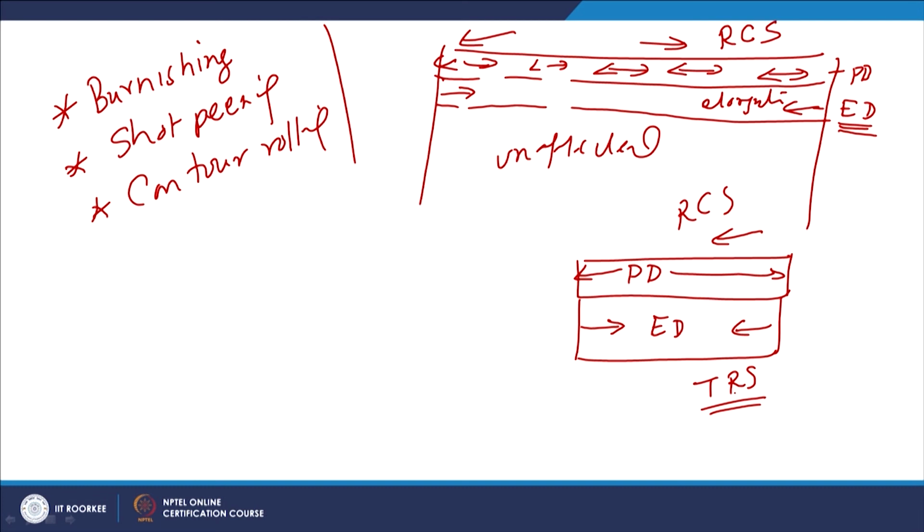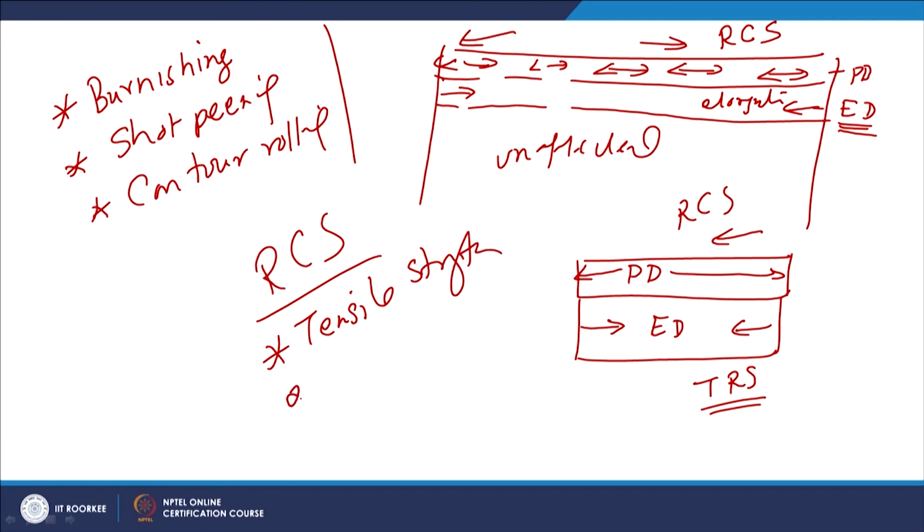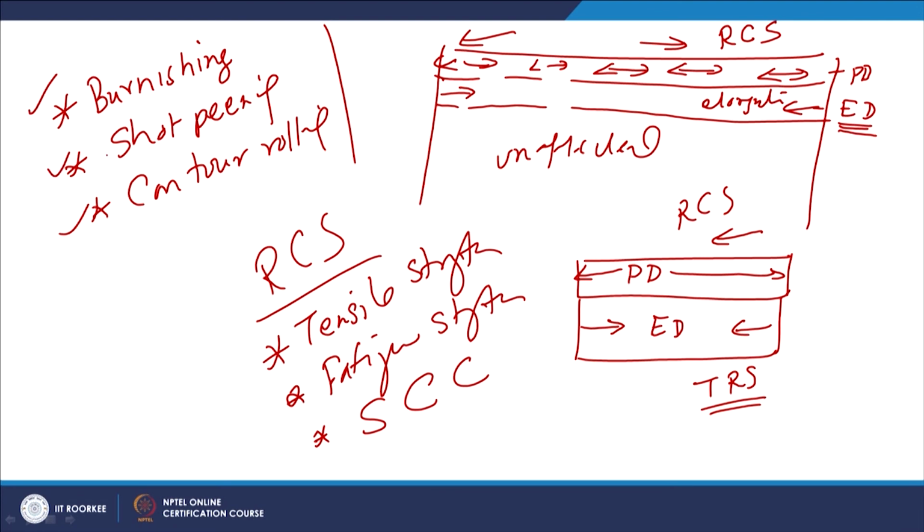Residual compressive stresses in the surface layers are favorable from the tensile strength point of view, the fatigue strength point of view, and the stress corrosion cracking point of view. So, material subjected to controlled surface layer deformation using any of these methods will show improvement in tensile strength, fatigue strength and stress corrosion cracking resistance.